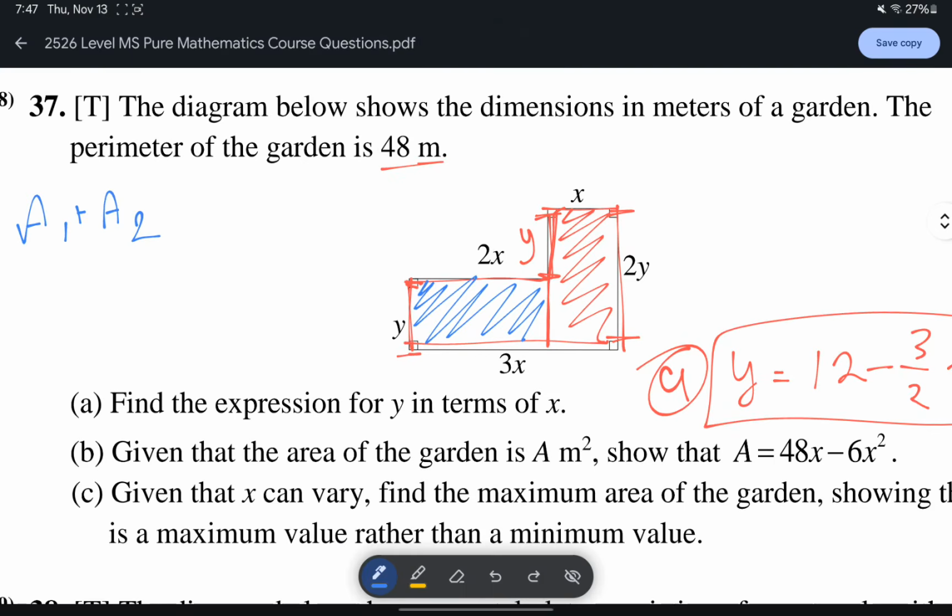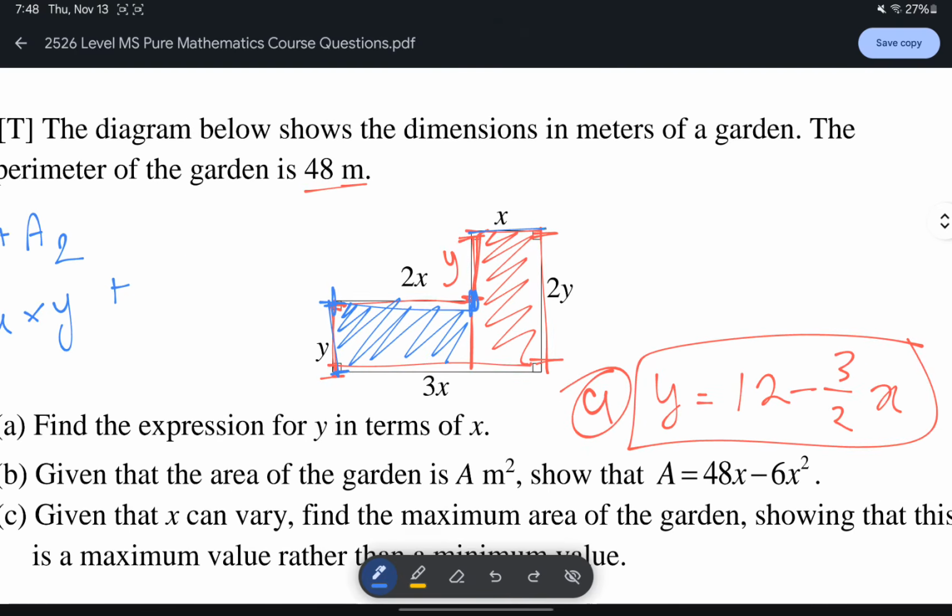Area 1 is what? Area 1 is this part here, which is 2x times the height. Yeah, so times y. So it's just 2xy. Now for area 2, it's what? You look at the base times the height. So the base is x, so plus x times the height is 2y.